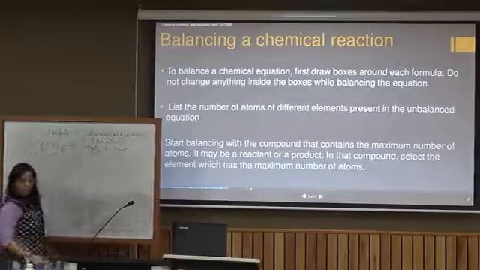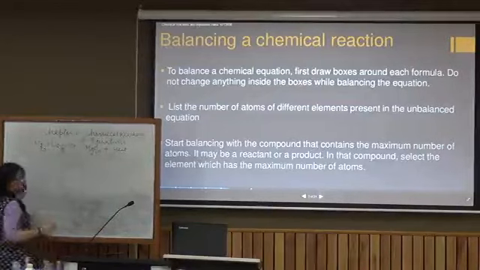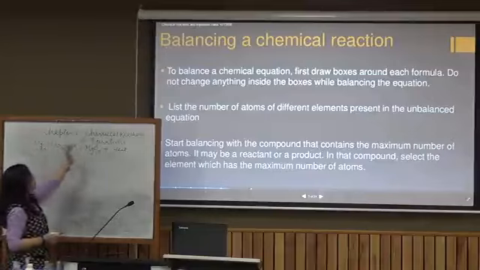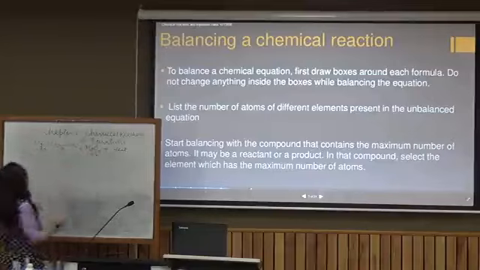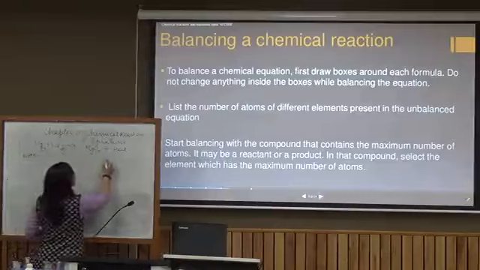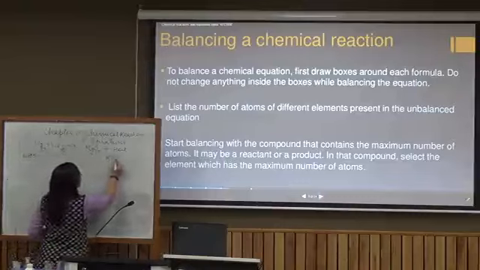So after we had performed this reaction, we noticed that magnesium was one of the reactants, oxygen was another reactant, the product was magnesium oxide. The reactants are written on the left hand side, whereas the products are written on the right hand side.